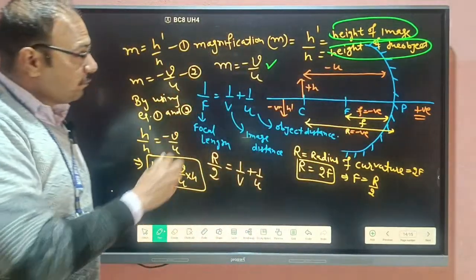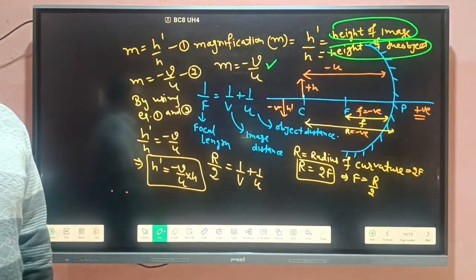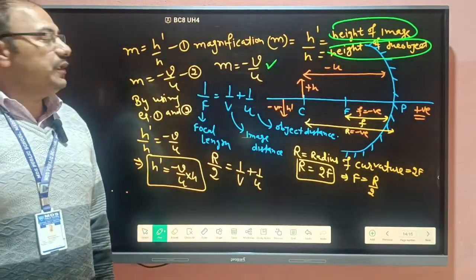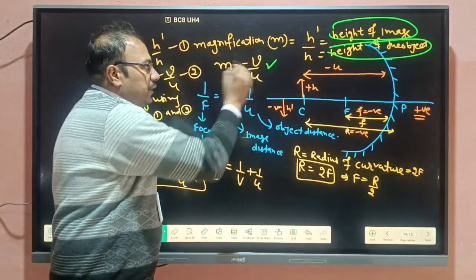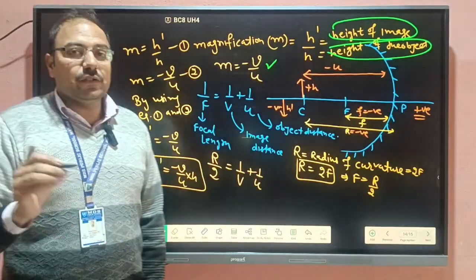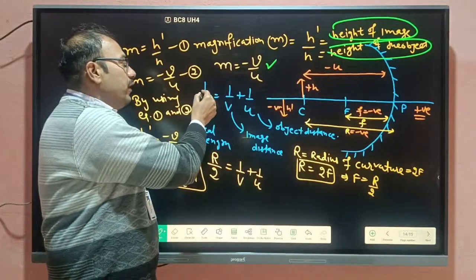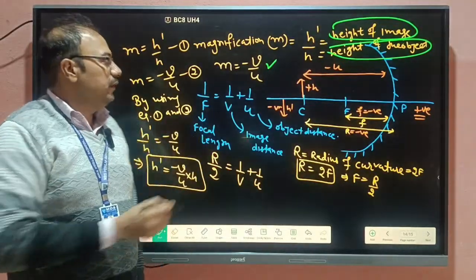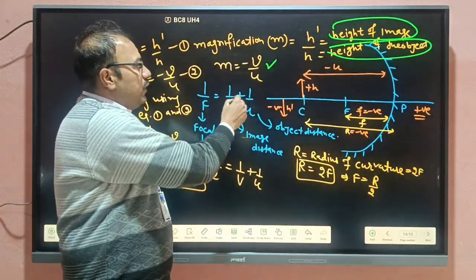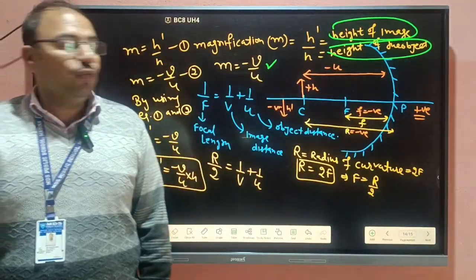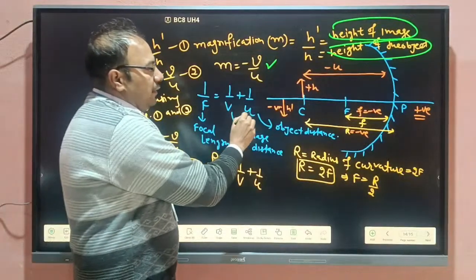And the mirror formula is 1 by F, where F is the focal length, equal to 1 by V plus 1 by U. Here V is the image distance and U is the object distance.